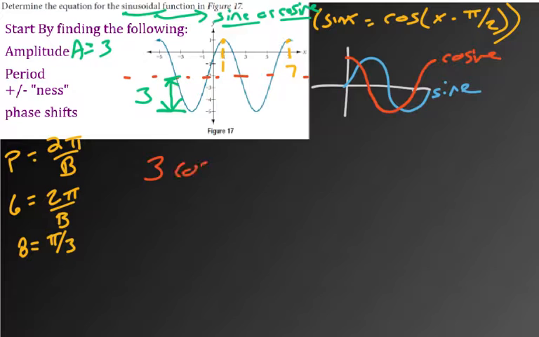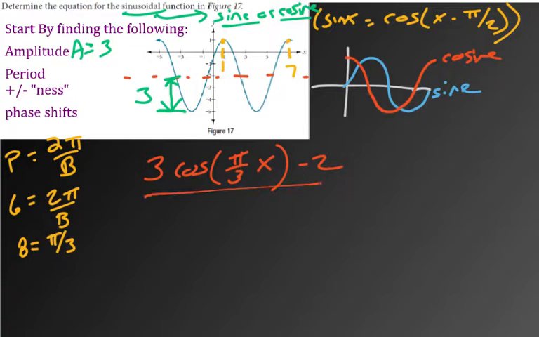We're going to make a cosine. We know b is pi over 3. If I don't have a shift, and we also know that normally the middle zeros are on the x-axis, but we've shifted that down. It's not symmetric with the x-axis, it's down 2. So we've got minus 2 for sure.